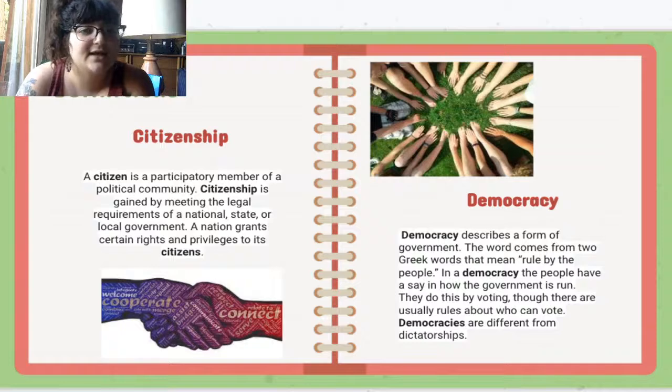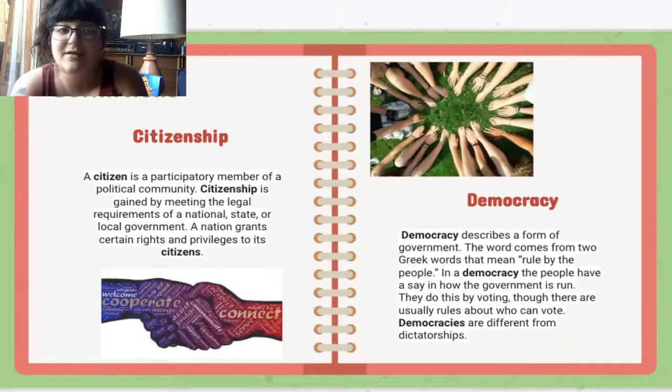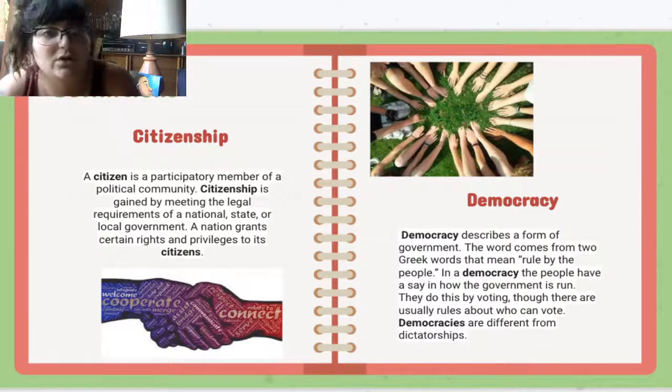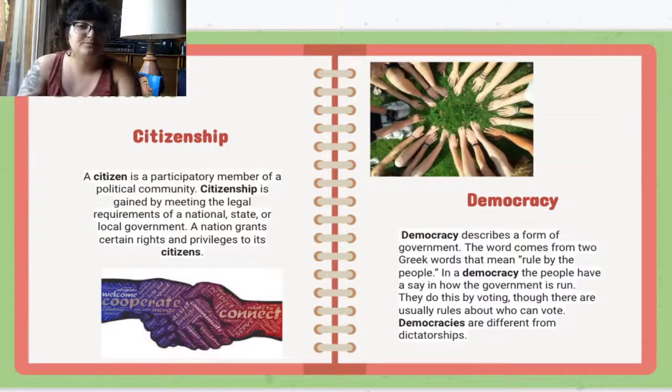But know that being a citizen doesn't necessarily, throughout history, mean that you get to vote. It just means that you have been given a certain right and privilege because of how the state or the nation or the local government sees fit.